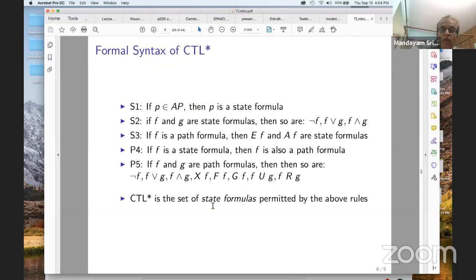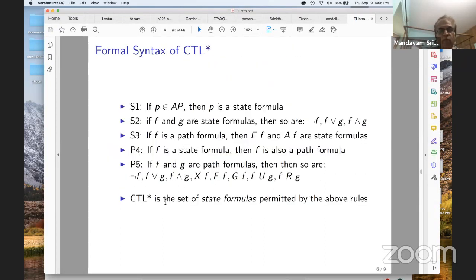So what is considered a well-formed CTL star formula is a state formula which can have embedded path formulas, but eventually you will have to use a path quantifier and make it a state formula to qualify as a formula in CTL star, or it can be a state formula to begin with, like in the atomic case.